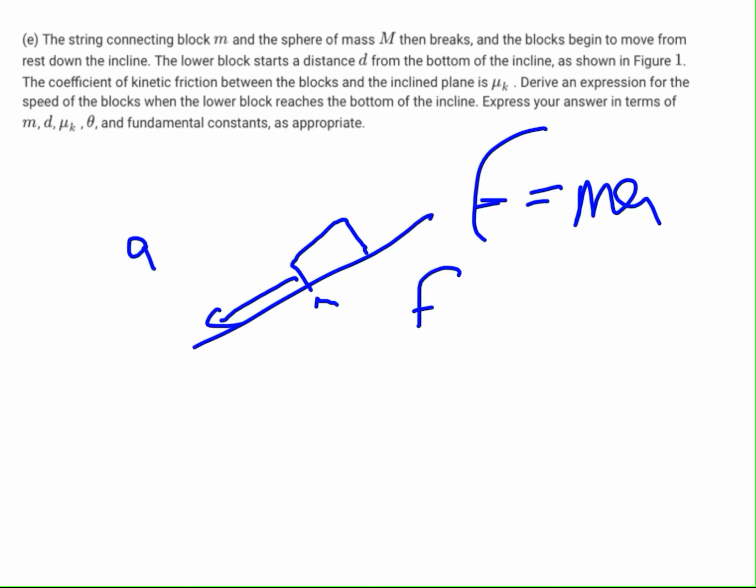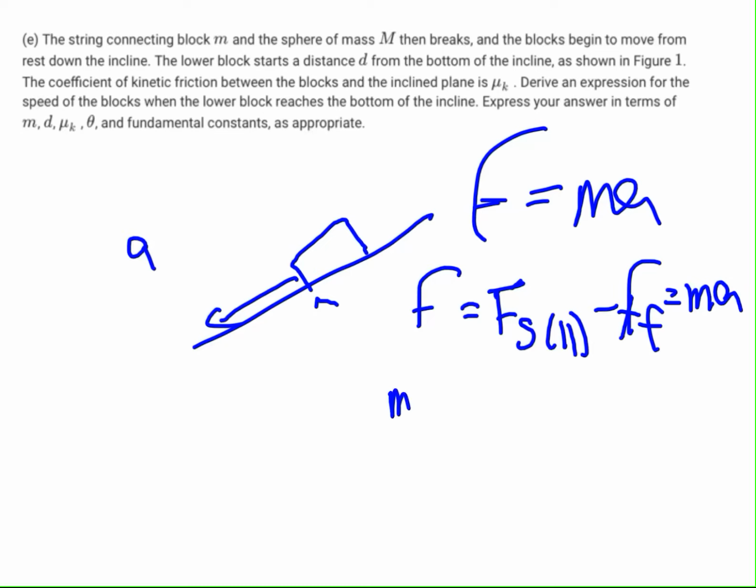So we're going to say F is going to be equal to force of gravity parallel minus force of friction. And that whole thing is still equal to ma. If that's the case, we're going to say mg sine theta, or really 3mg, because it's the whole set of masses, right?